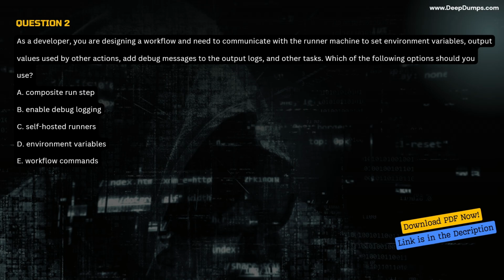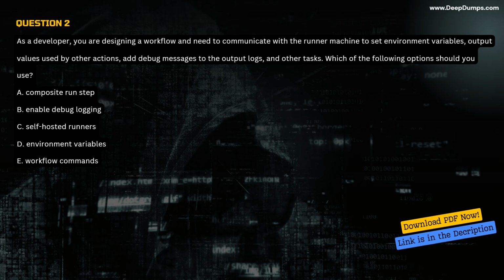Question 2. As a developer, you are designing a workflow and need to communicate with the runner machine to set environment variables, output values used by other actions, add debug messages to the output logs, and other tasks. Which of the following options should you use? A. Composite run step. B. Enable debug logging.